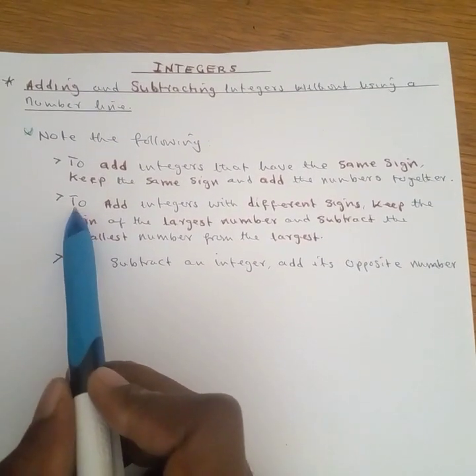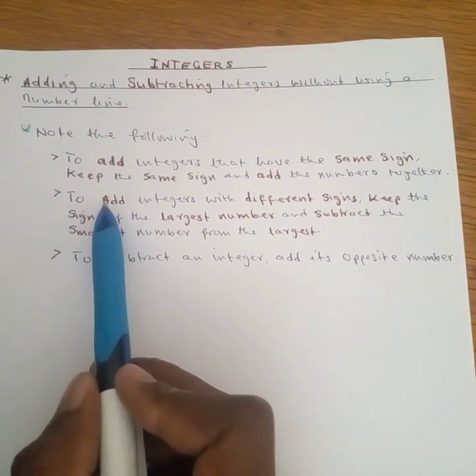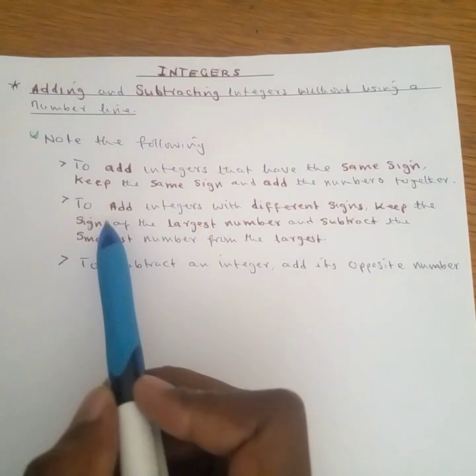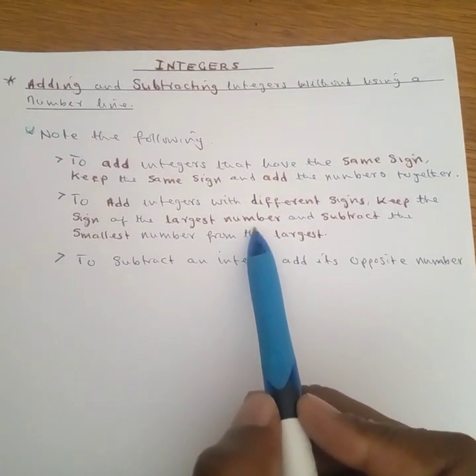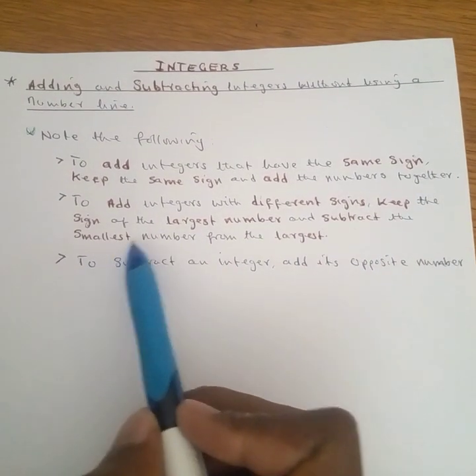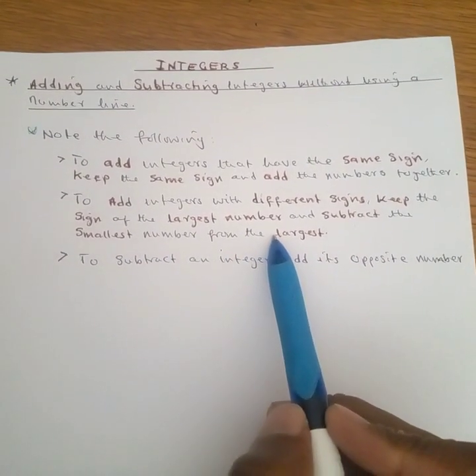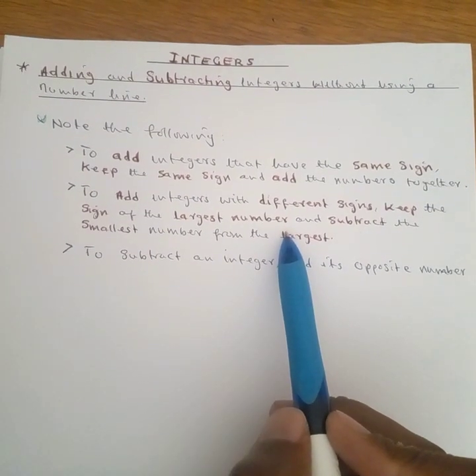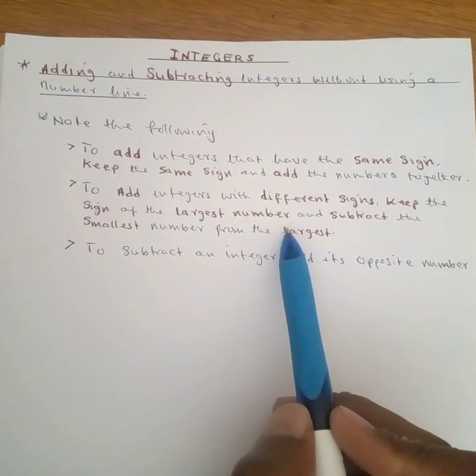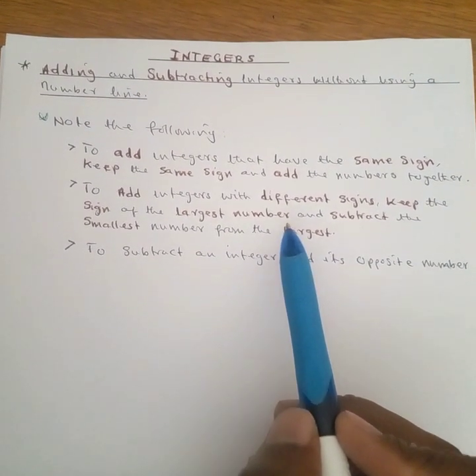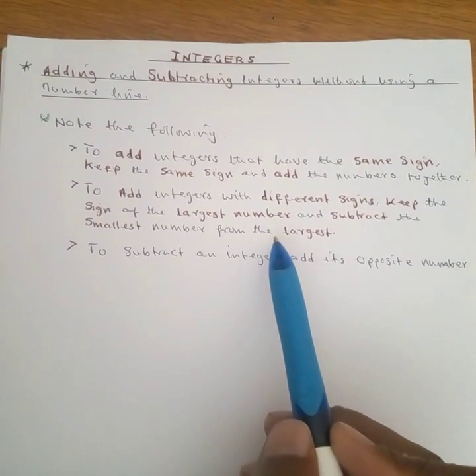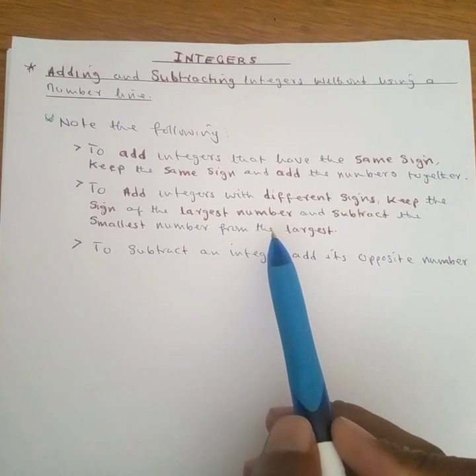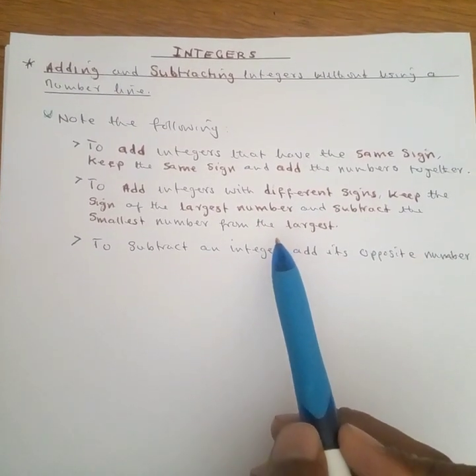We move on to the second point, to add integers with different signs. Keep the sign of the largest number and subtract the smallest number from the largest. This point is very important because a number of pupils find it difficult to answer questions, especially in the examination. For example, negative 2 plus 1.